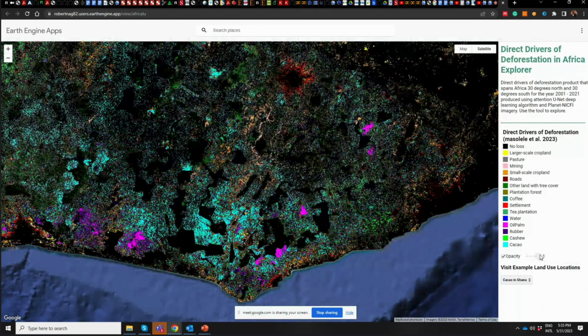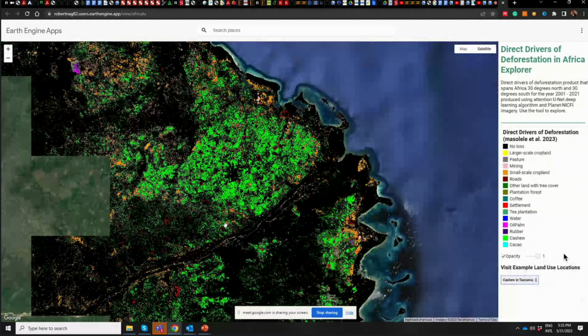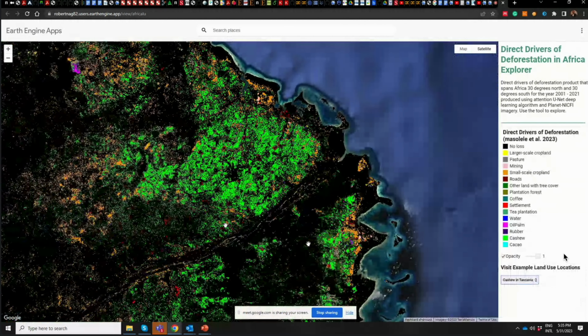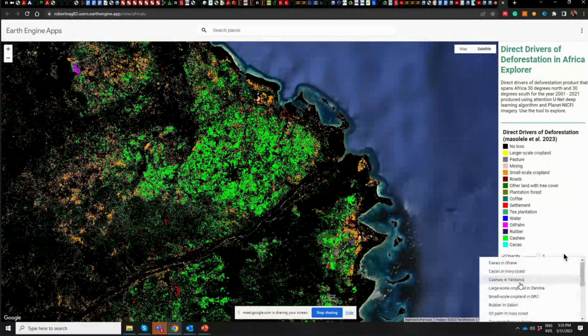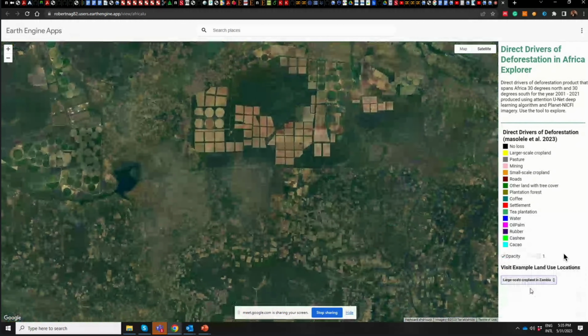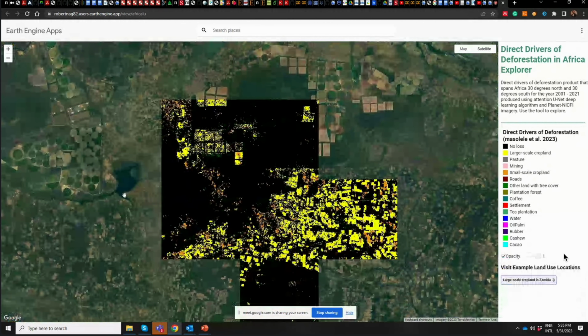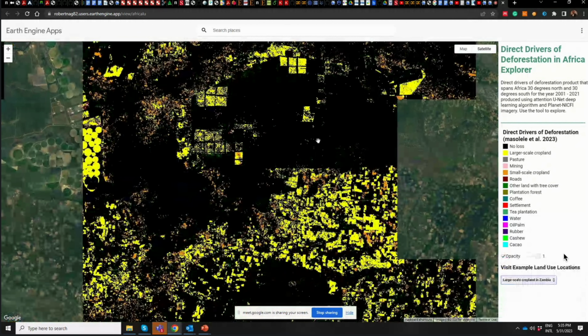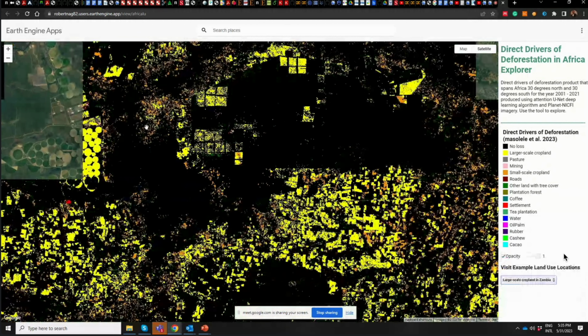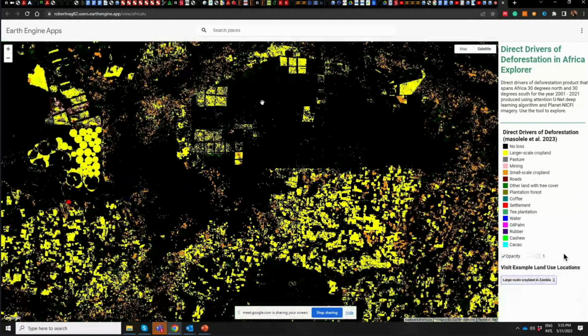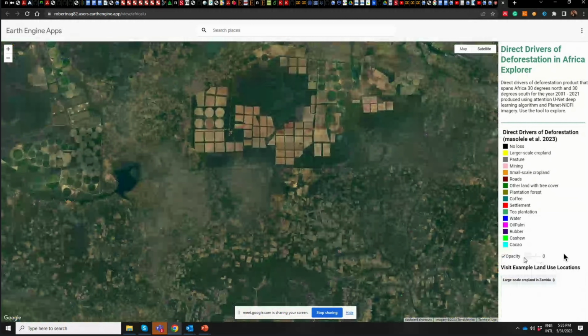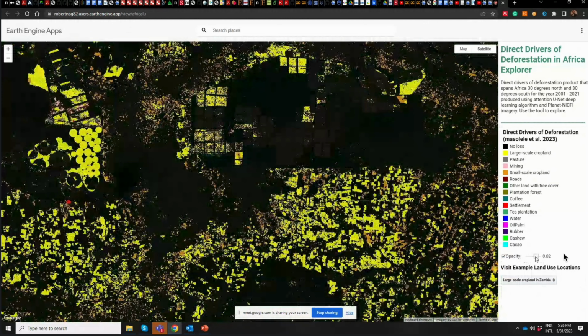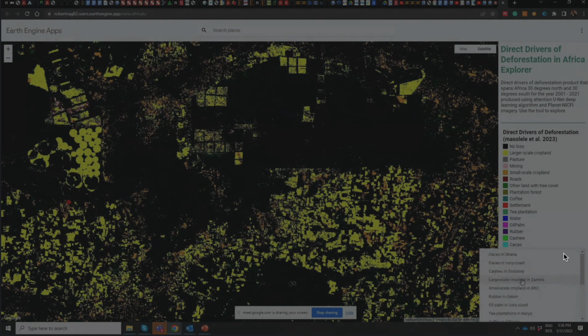We also have cashew around the border between Tanzania and Mozambique, with a lot of cashew activities going on there. And this is in Zambia, a lot of large-scale cropland, but you can also see the pattern that whenever there is large-scale cropland, at the side of it you also have small-scale cropland, meaning they go hand in hand.